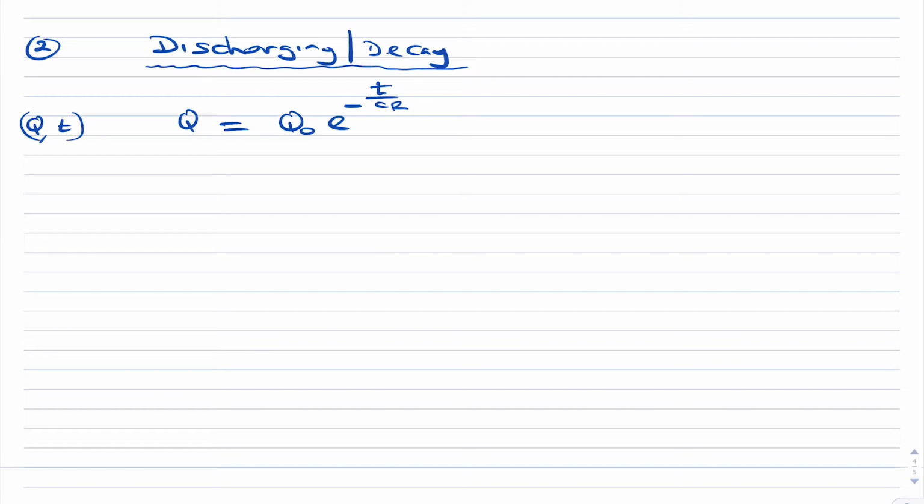And if you're doing radioactive substances decaying, that would be A naught e to the power minus bt, and the variables will be y and t.